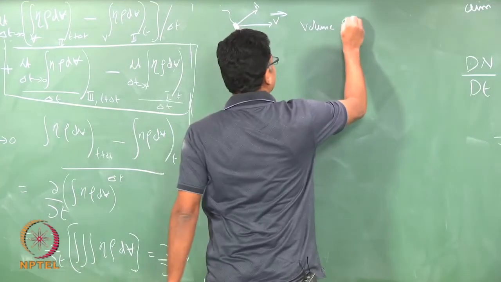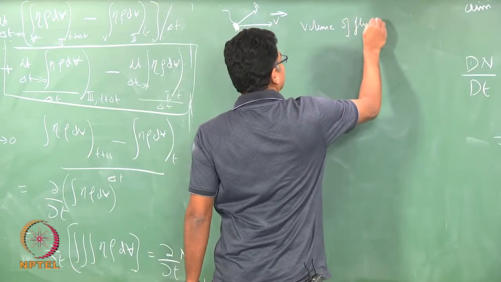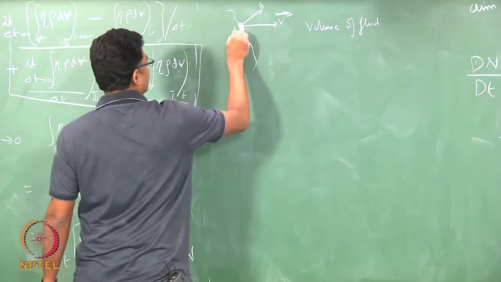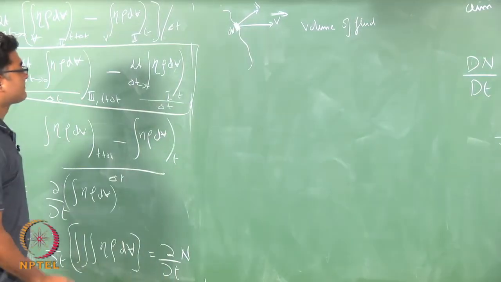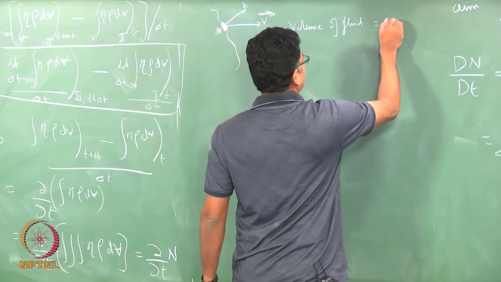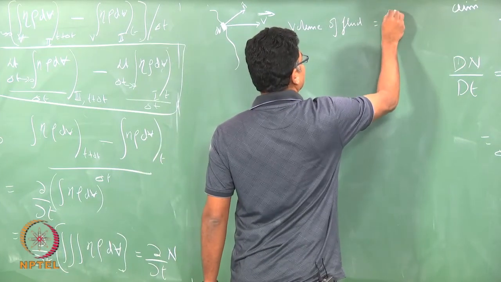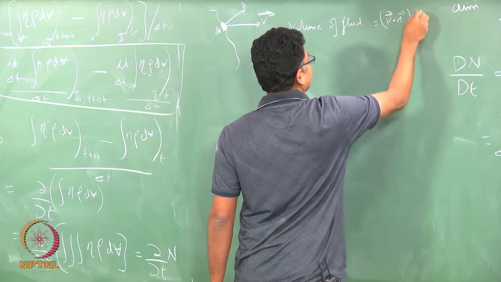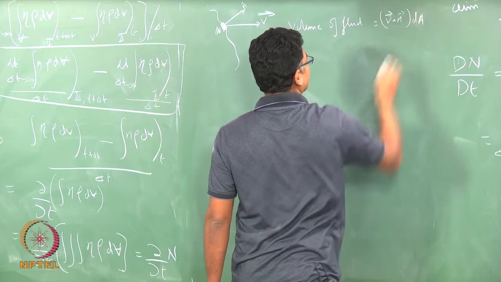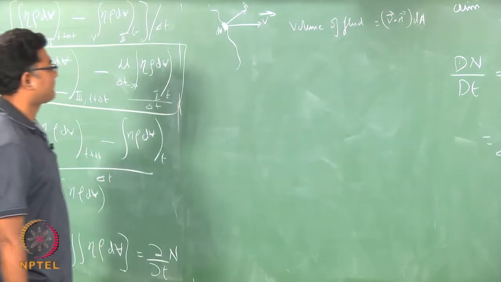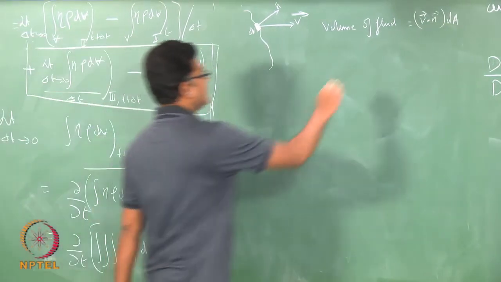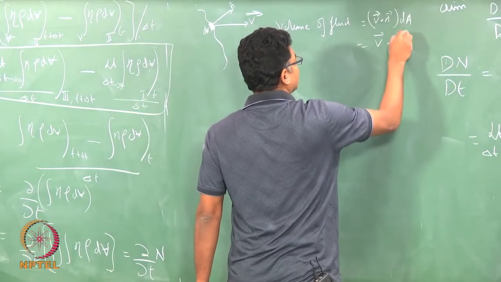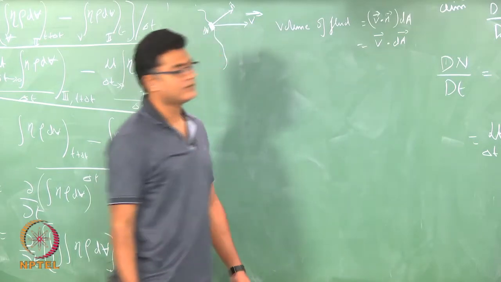The volume of fluid that is coming out of this small area dA is V dot n into dA, or simply V dot dA vector.